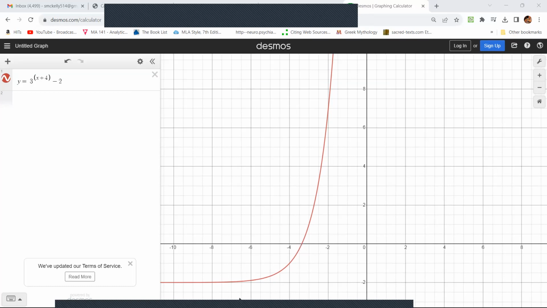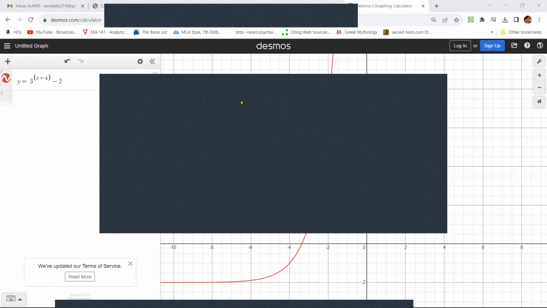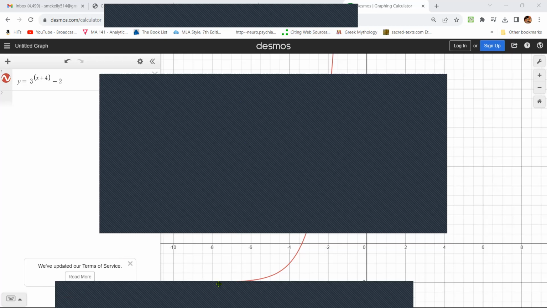Let me remember what the actual homework was telling us, because I don't have that in front of me right now. So let me go to my downloads and look at my homework, and see if I downloaded it.